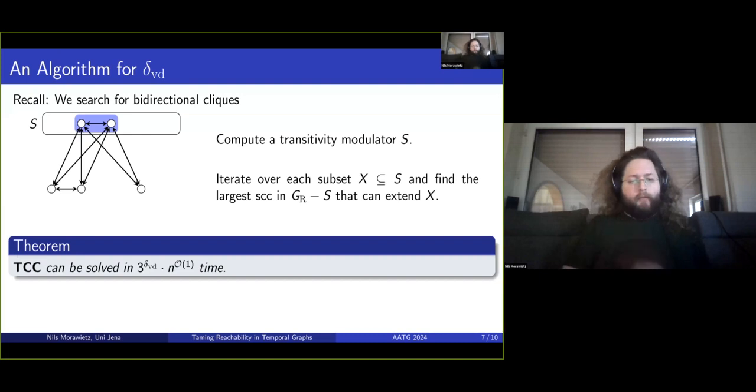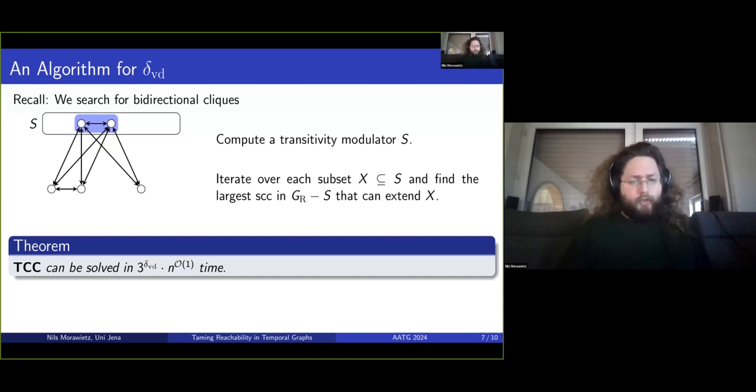So this leads us to the FPT running time. Essentially, the most part of the running time is just computing the actual vertex set. This is where the 3 to the power comes from. The remaining part only takes 2 to the vertex deletion parameter.